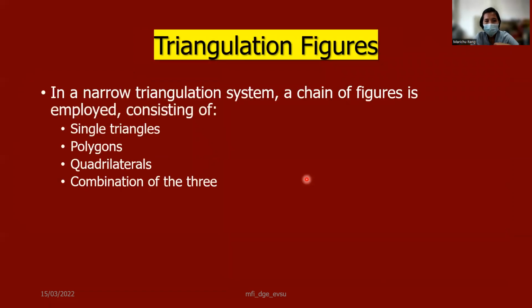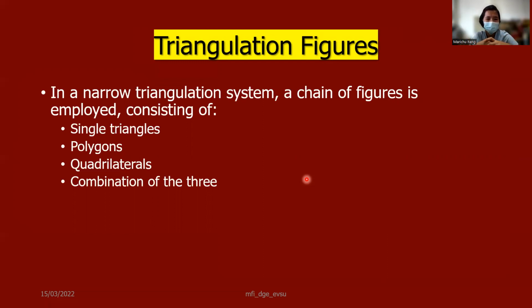So when I say triangulation figures, ito yung design, yung mismong design. So we have here in a narrow triangulation system, a chain of figure is employed consisting of single triangles. It could be parang tabi-tabing triangles lang. And then polygon, it could also be mga square, tabi-tabing square.